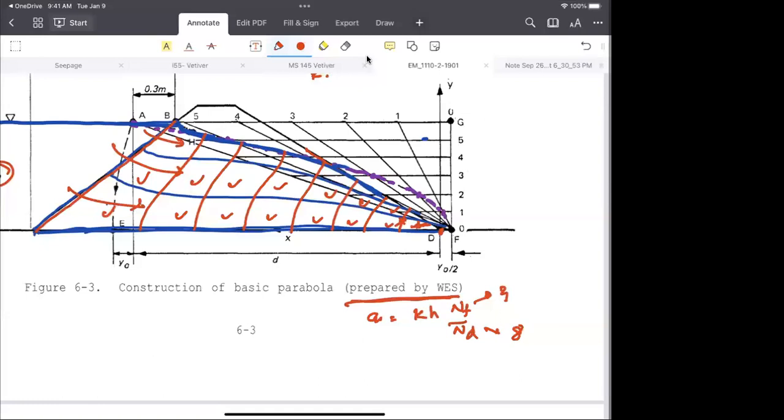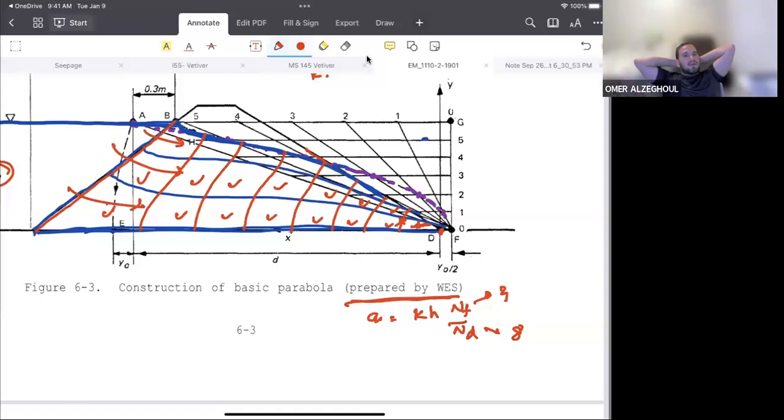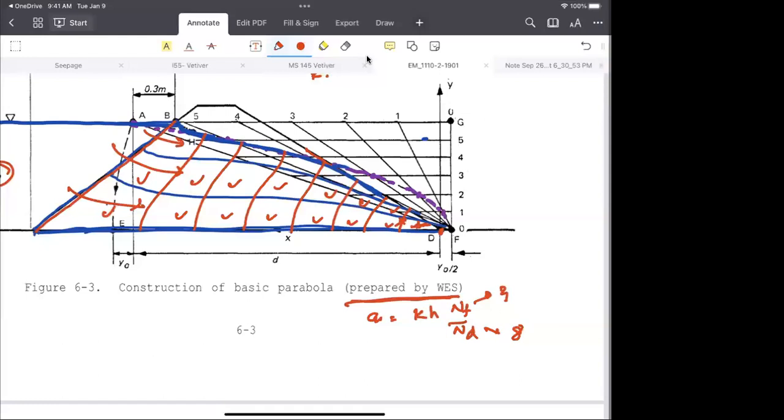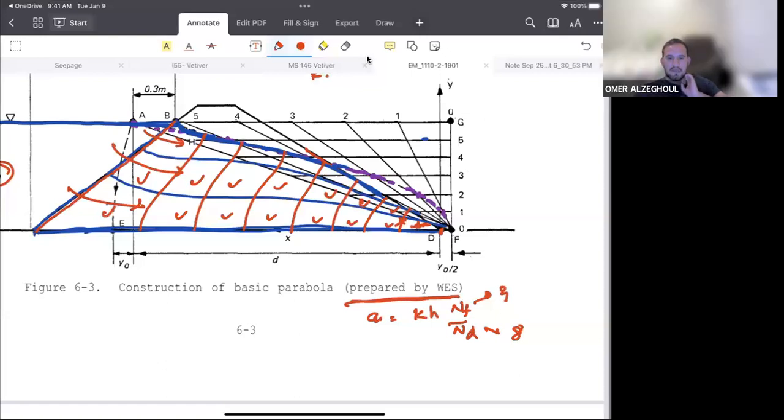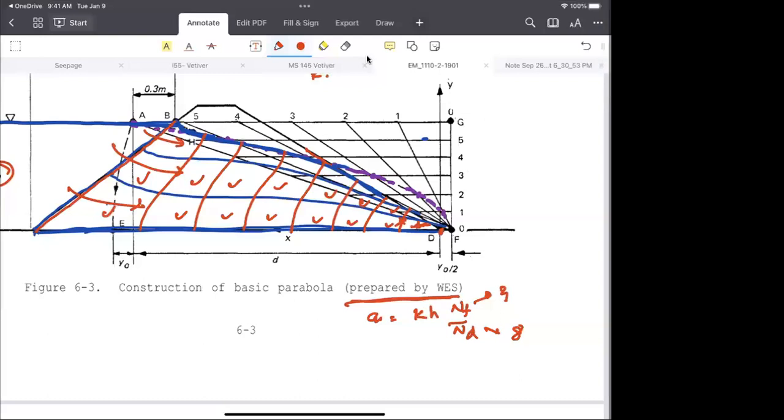Omar, what is WES? Waterways Experiment Station, ERDC now. It was the previous name of it. They used to call it WES until I think the 50s or 60s, something like this. There is still some signboard. If you go there, you'll see.